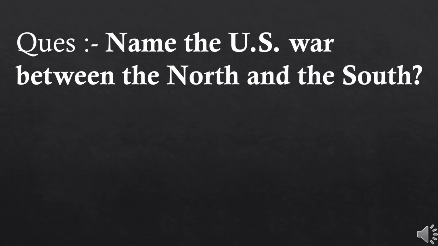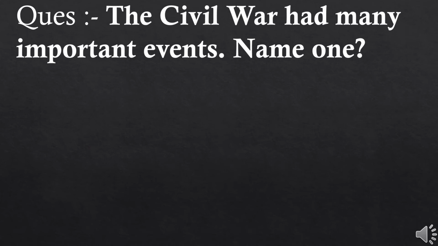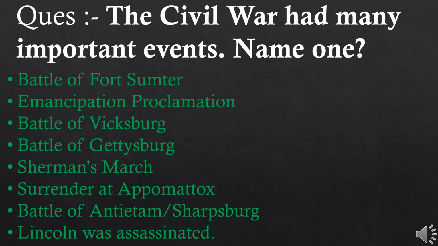Question 92. Name the U.S. war between the North and the South. The Civil War. Question 93. The Civil War had many important events. Name one. Battle of Fort Sumter.